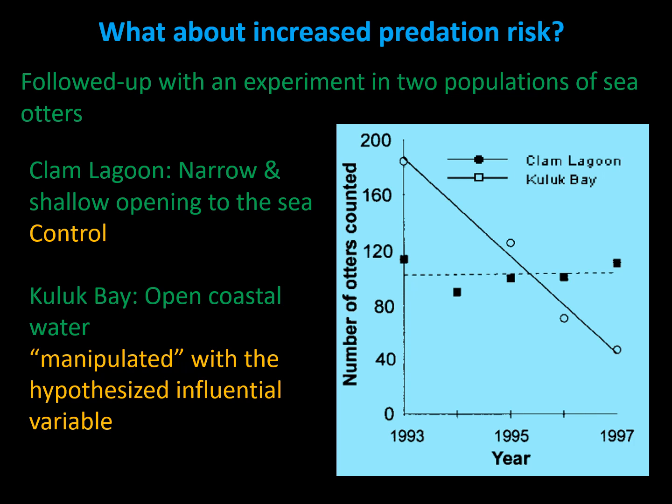You can clearly see that in Clam Lagoon, as indicated by dark squares, the population is relatively stable across the years, where killer whale entry was prevented by the narrow opening. As opposed to that, in Kurok Bay, you see a tremendous decline in populations from 1993 to 1997.